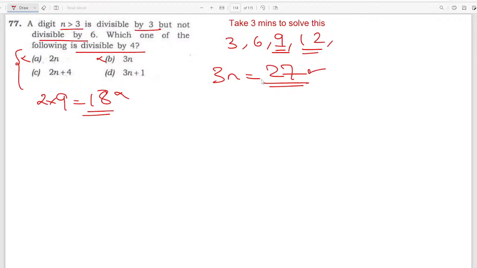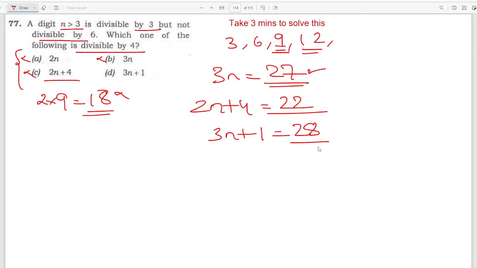We are searching for a number which is divisible by 4. 2n plus 4, with 9, is 18 plus 4 or 22. 22 also is not divisible by 4. 3n plus 1, and 3n is 27 plus 1, 28. 28 is divisible by 4. Yes, 7 4s are 28. The answer is option D.